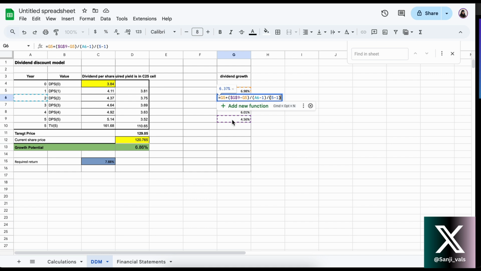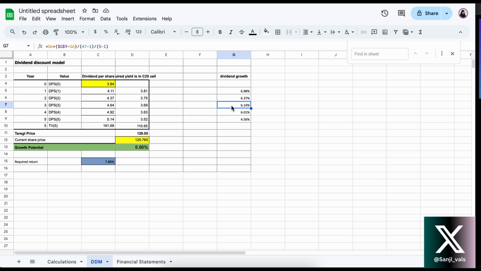Then we take the dividend growth rate by the Gordon model minus the dividend growth rate by the Pratt model, divided by A6, which here stands for year. Since we're forecasting the dividend growth rate for the second year, we're taking 2 minus 1, divided by 5 minus 1. I take 5 because we are forecasting dividends for 5 years. That's just the formula for calculating the dividend growth rate for the second year.